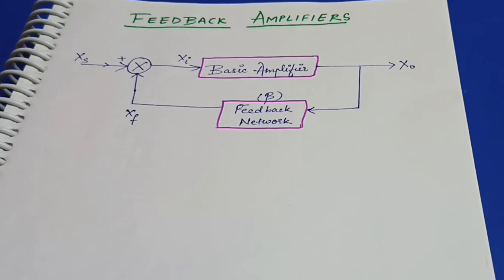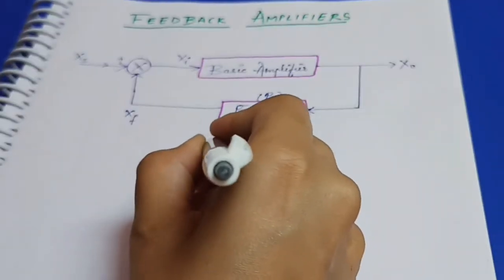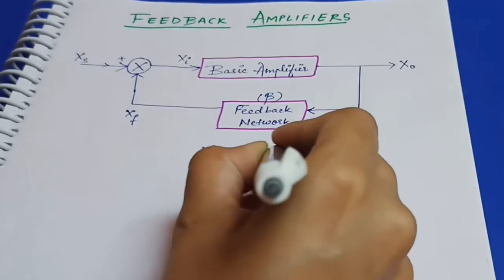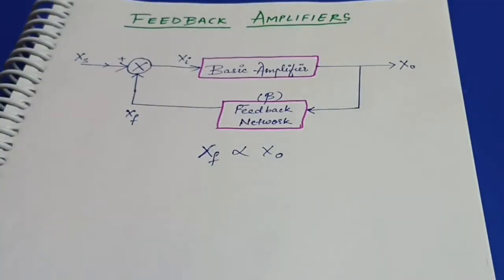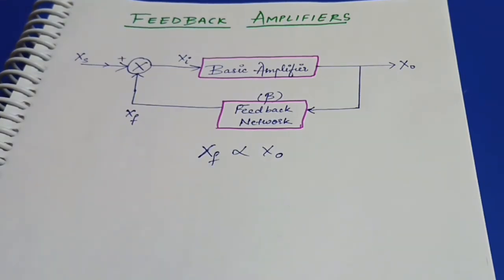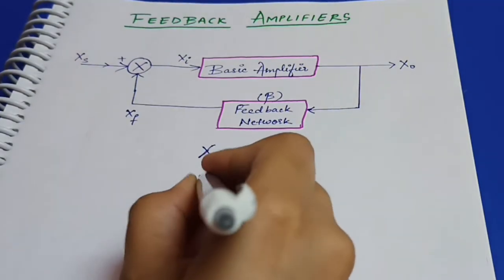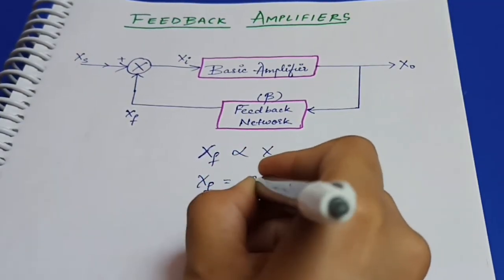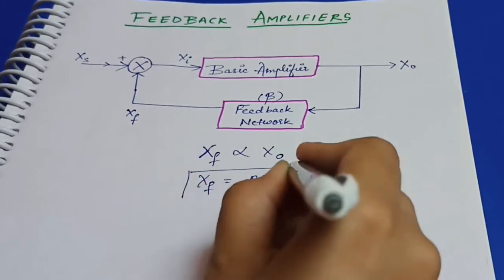Now, the feedback signal is directly proportional to the output signal, so we can say that XF is directly proportional to X0. X0 is the output signal, and here this X refers to either voltage or current depending upon the type of feedback or the type of amplifier we are using. So we can say that XF equals beta X0.